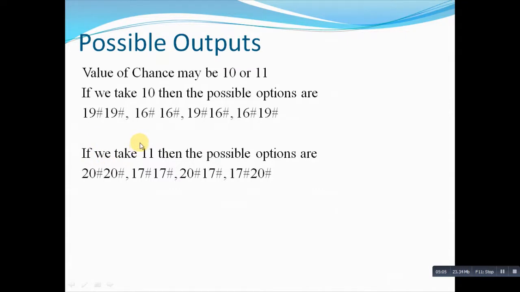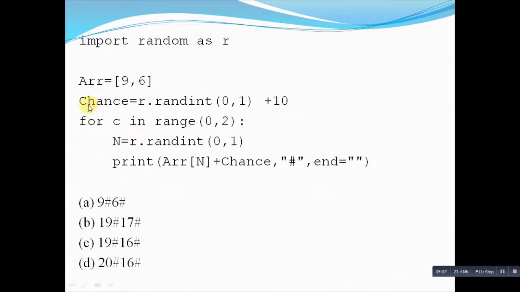But there is also a chance that the value of the variable chance happens to be 11. In that case, what will we do? If the value of chance happens to be 11, then for the possible outputs, n may generate either 0 or 1.